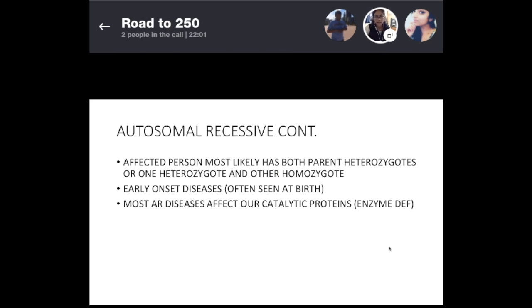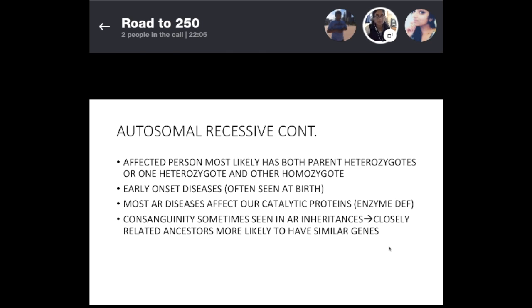They do affect the catalytic protein, so enzyme deficiencies is what it's commonly associated with. And then consanguinity is sometimes seen in autosomal recessive inheritance, because closely related ancestors are more likely to have similar genes.